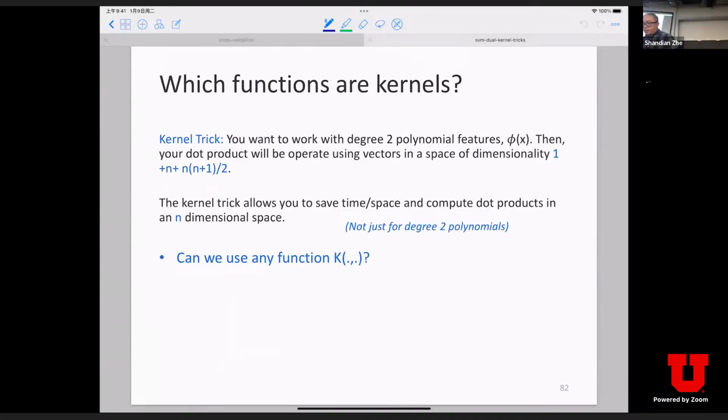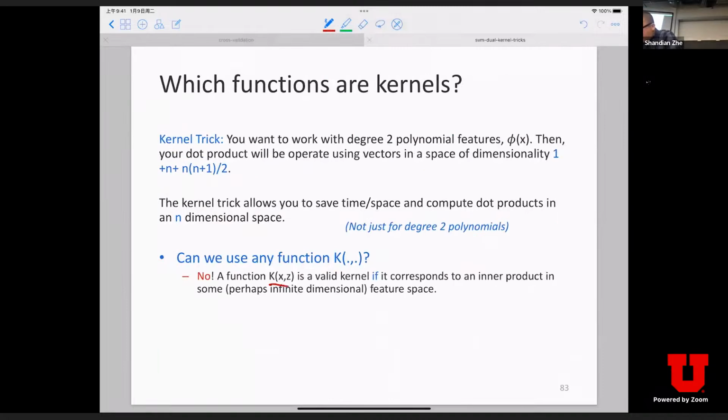So what functions are kernels? Can we use any function k of two input vectors, as we just said? No, because some functions, although they can receive two input vectors and calculate some number, do not necessarily correspond to some feature mapping.